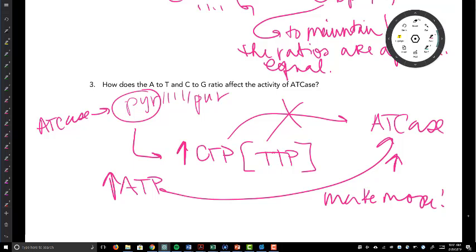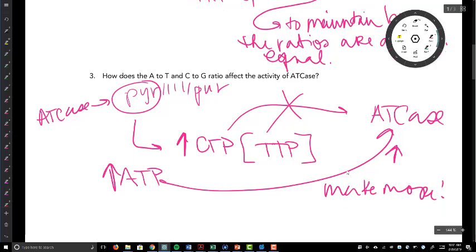So if you have too many purines, you need more pyrimidines to base pair with the purines. And so that's why ATP goes to ATCase and says, hey, make more CTP to match with the GTP and make more TTP to match with the ATP. And that's how that works.